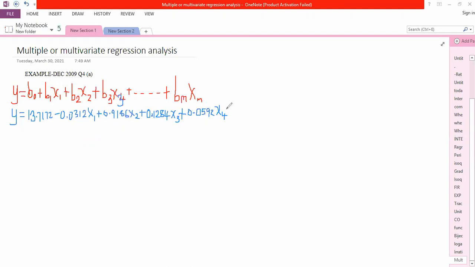Then x5 has a coefficient of again positive 0.1284. This is going with x5. Then for x6, we have a negative 0.6326, going with x6.